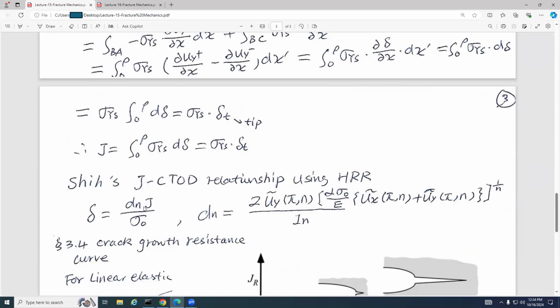Delta equals dn J over sigma 0. Sigma 0 is the reference stress, and it usually equals sigma ys. So dn is a dimensionless constant, and dn is written using this equation.